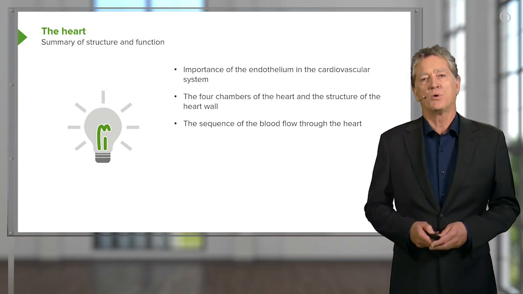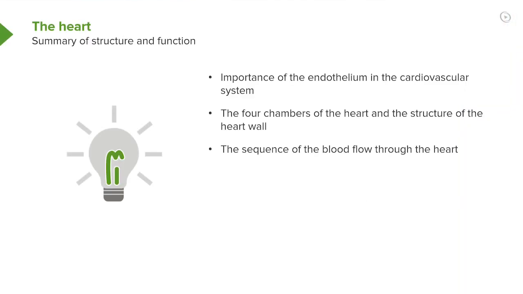It's also very important to understand the sequence of blood flow through the heart, because as I said a moment ago, the heart is structured in such a way that the sequence of blood flow through the heart is highly coordinated. And without that proper sequence of blood flow from the heart, then we would not have the ability to oxygenate our blood and to carry oxygenated blood to the rest of the body.